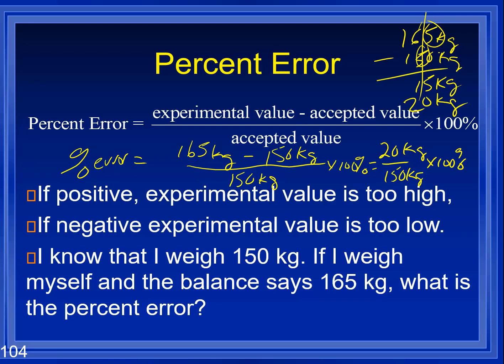The 150 has 2, and the 100 has unlimited. It's a definition. So 1, 2, and unlimited, the smallest number is 1. So instead of the 13% on my calculator, I write 10%. Maybe okay with that?